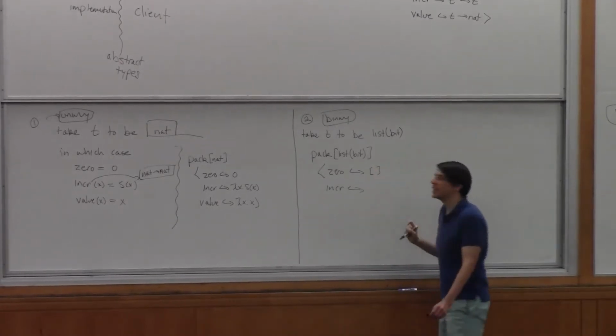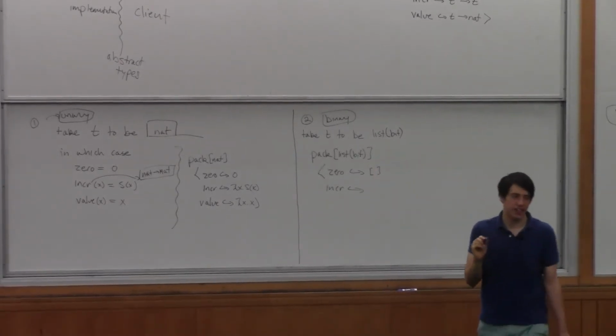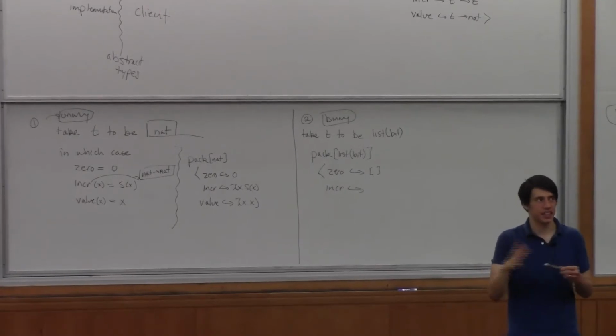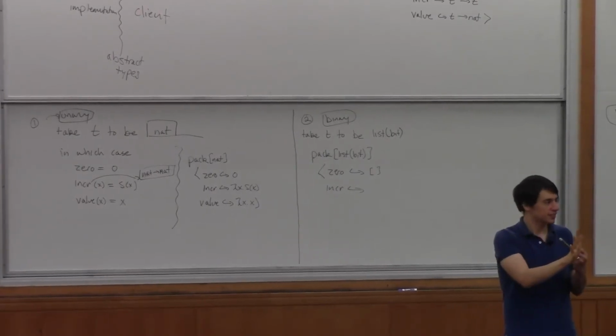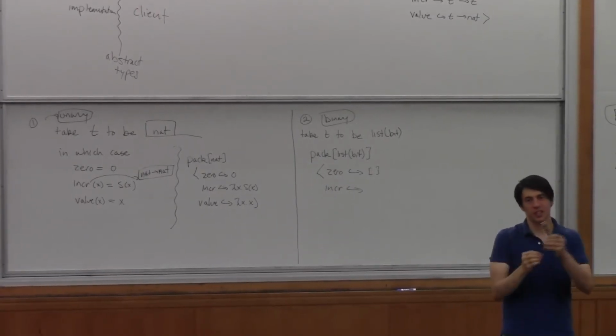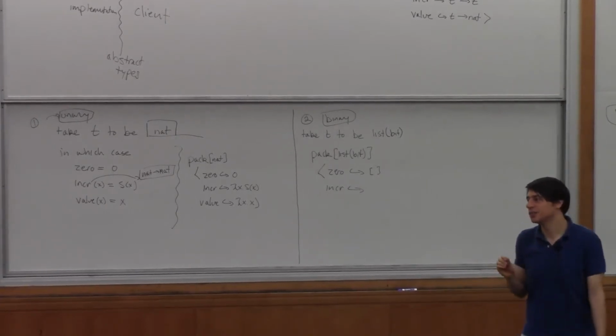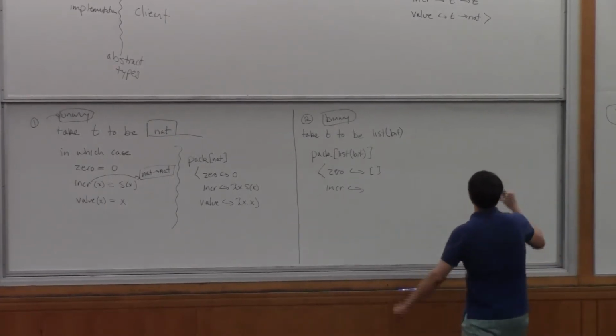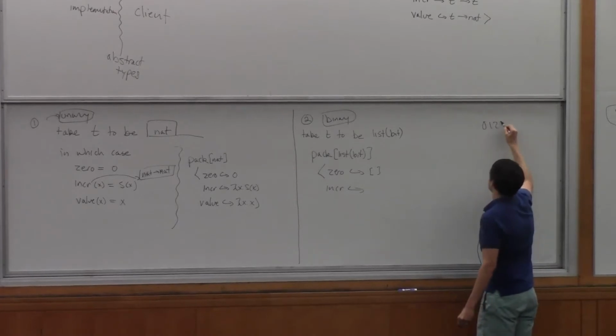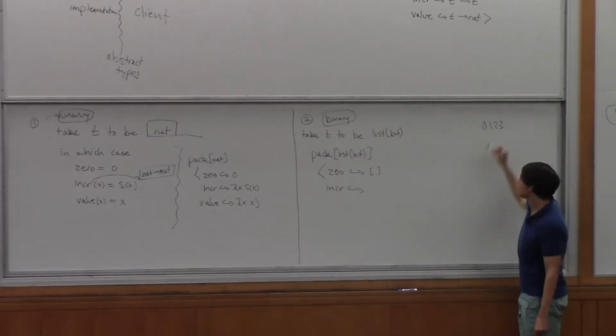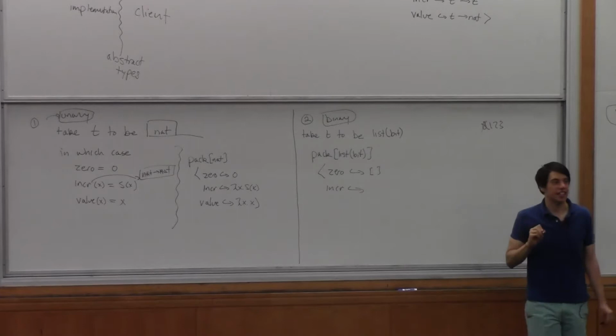I think a nice convention is that we can maintain the invariant that none of our lists of bits have any trailing zeros, right? We'll have to figure out which order the bits are represented in when we do this, but you don't write 0, 123 for 123, right? We tend not to have leading zeros there.